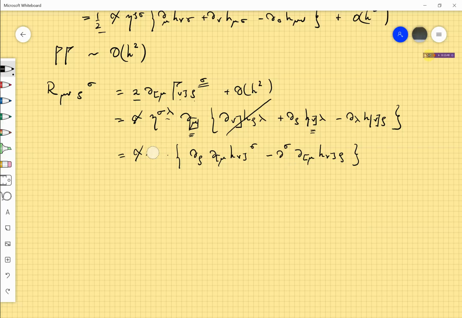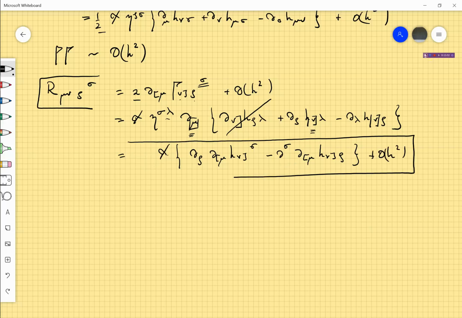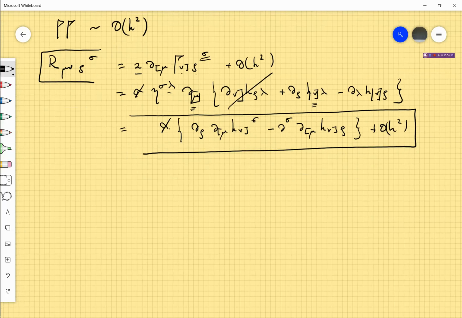Okay, and then eliminate this, and this is to second order the Riemann tensor.